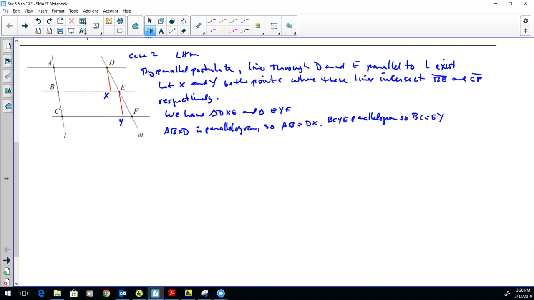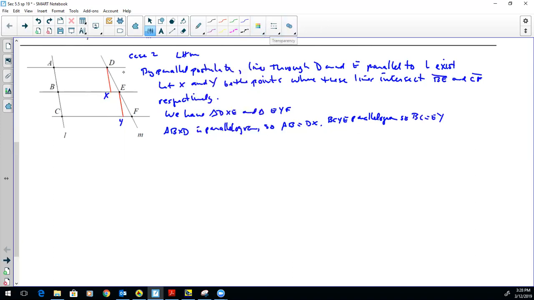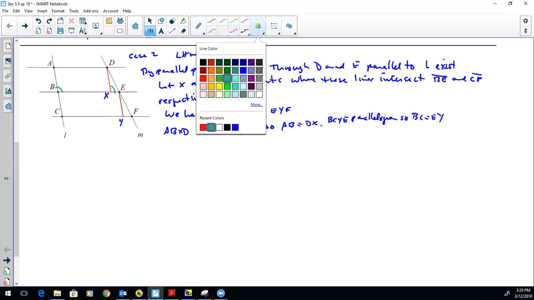Let's see, what else can we say here? Let's do this much. Let's look at an angle here. Let's take a little green thing here. Okay, I'm concerned about this angle and this angle. So let's talk about them.